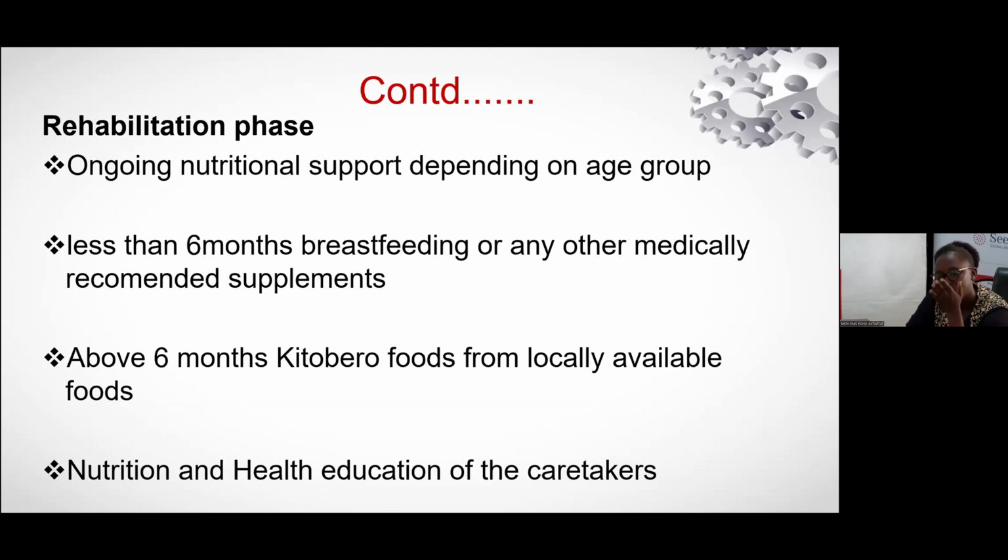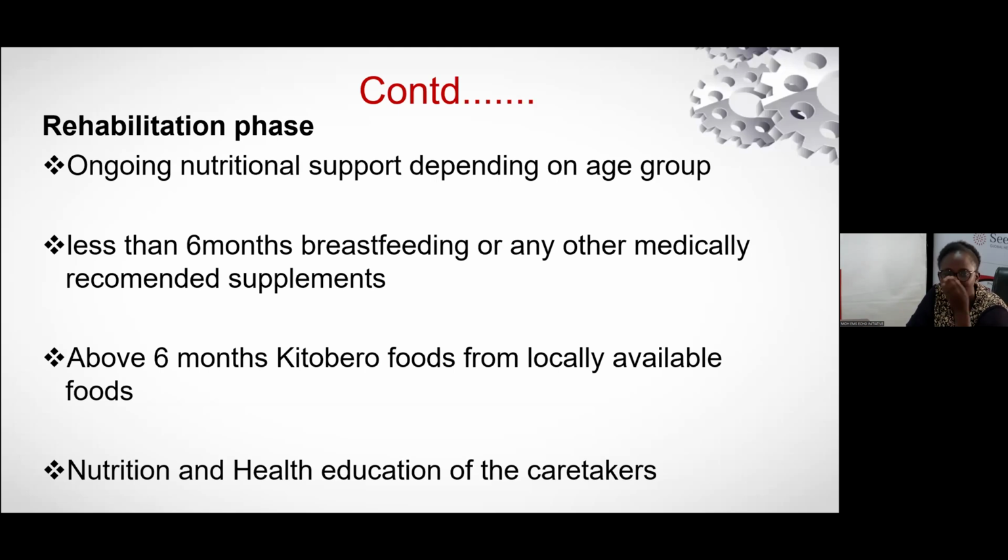So basically, as we are trying to discharge these children, as we are trying to transition them to the community, we need to talk about what is medically recommended if the child is not exclusively breastfed. By the way, we can even relactate if this mother had stopped a long time ago. We do the supplementary suckling technique. We make this mother breastfeed again, because breastfeeding is natural.